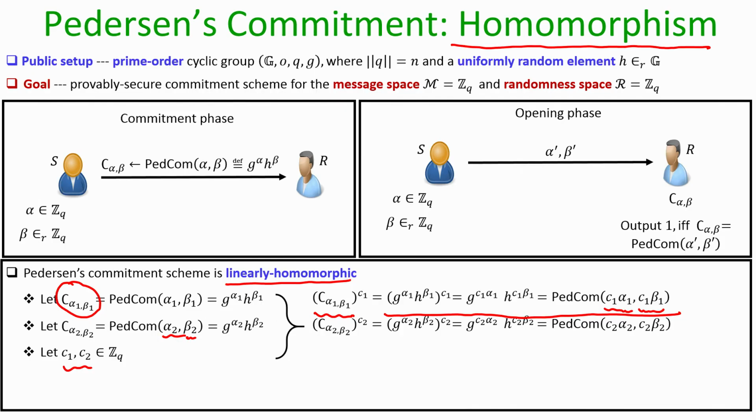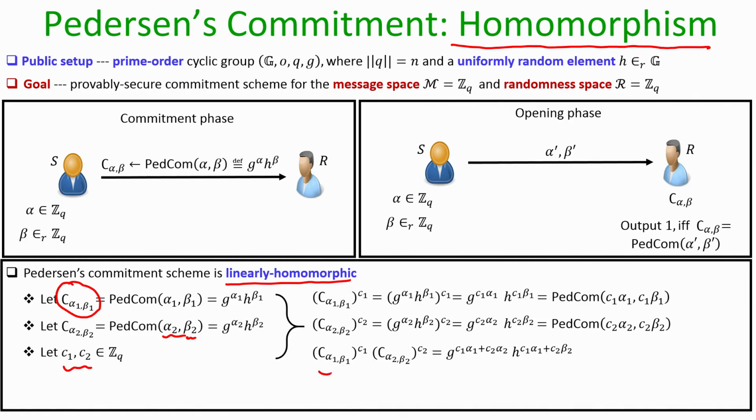In the same way, if we take the commitment of the unknown alpha 2 and raise it to the known C2, we end up getting a value which can be treated as a Pedersen commitment of the value C2 times alpha 2 with respect to the randomness C2 times beta 2. I stress here that you are just performing operations on the commitment, but by performing those operations you are getting something which can be treated as a commitment of some other value.